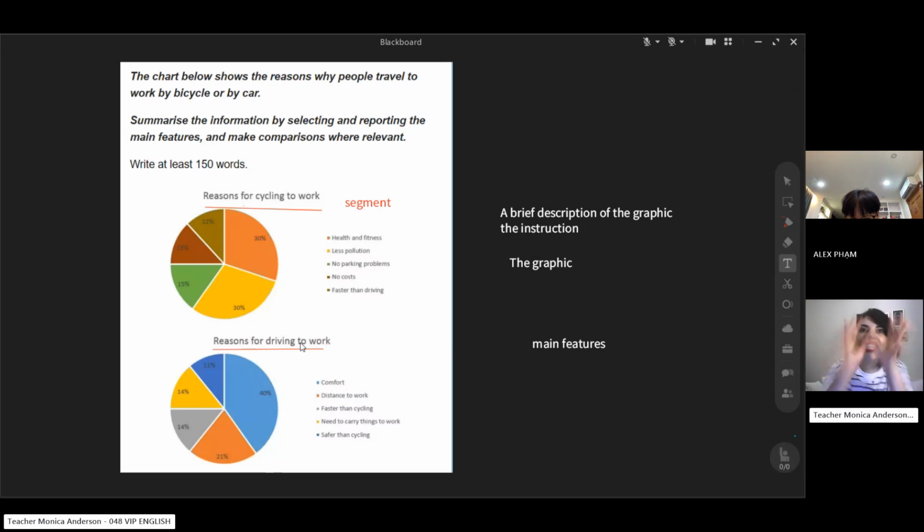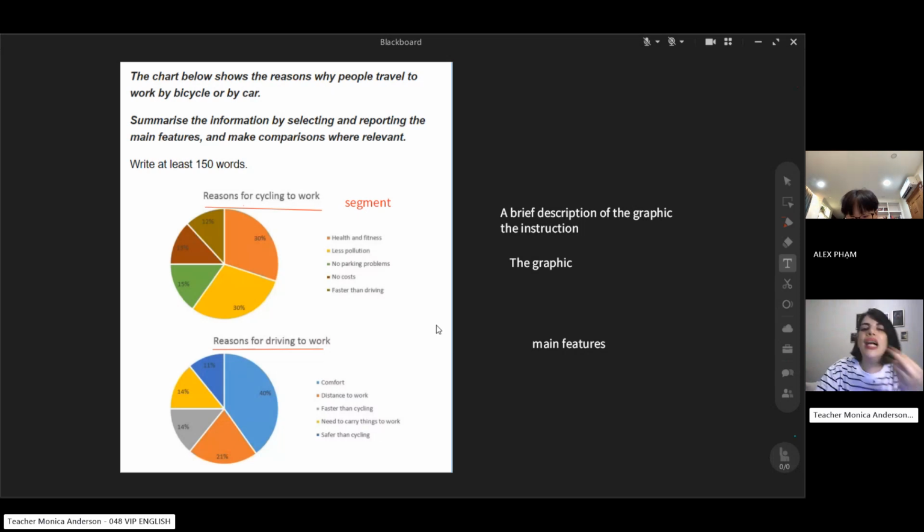Of course, which segment is bigger? So which segment, which part is bigger? It's important. Which one is the smallest? It's important if there is. And segments that are the same are not main features. So the largest area and the smallest area.